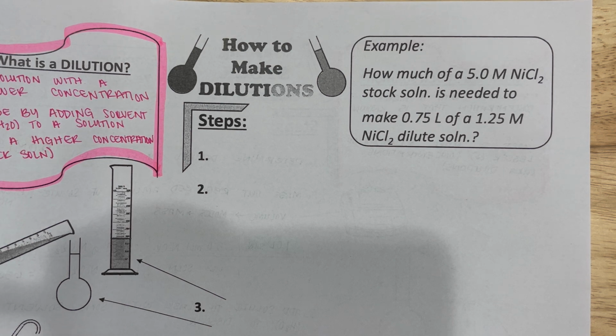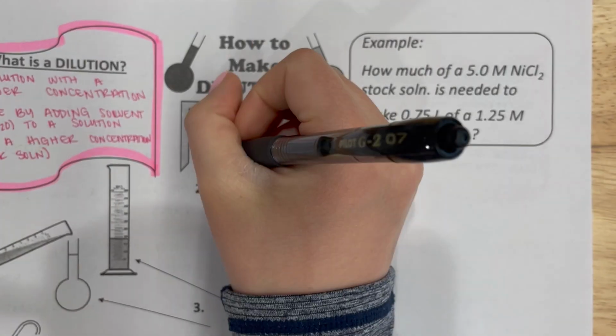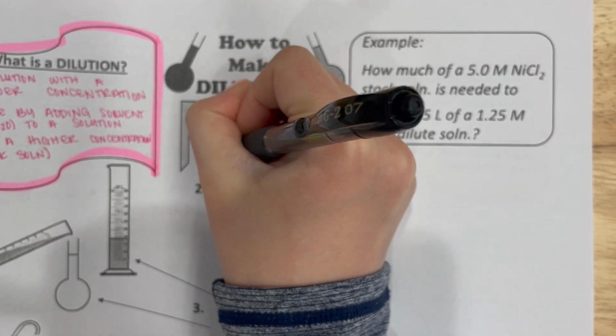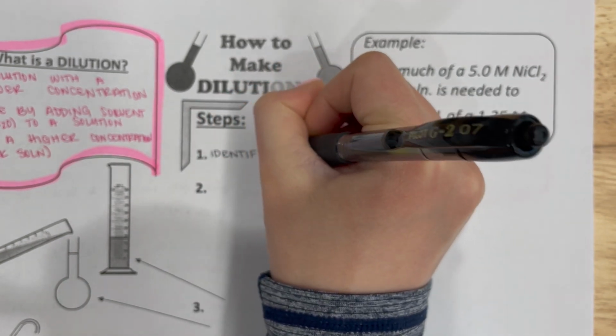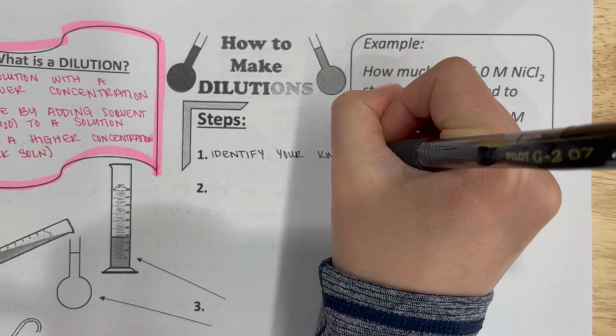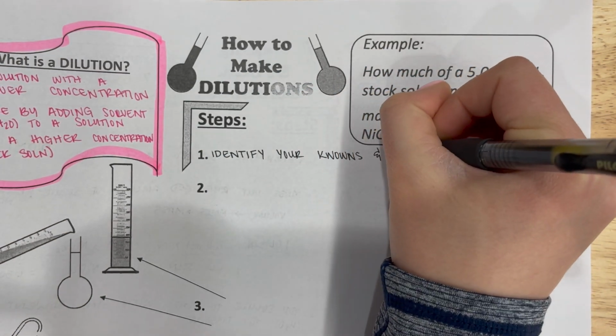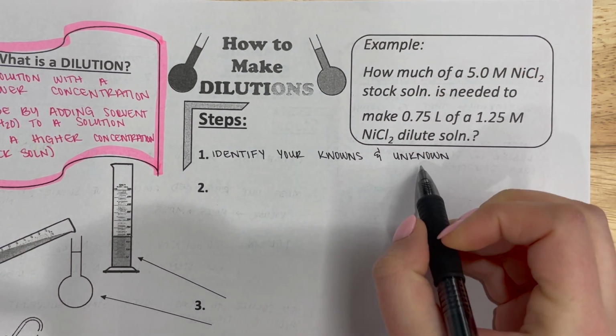Okay, here's where we're going to start. We have 3 values given in our problem. Step 1 is you want to identify your knowns and unknowns, which you should only have one of, right?